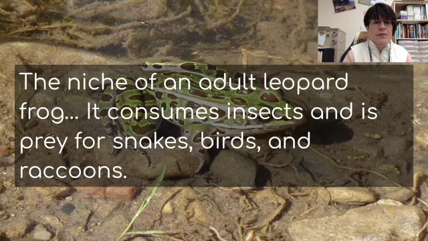And another example is the niche of an adult leopard frog is that it consumes insects and is prey for snakes, birds, and raccoons. Also, part of its niche is where it can live, the certain temperatures, the fact that it does need water. All of those things are also part of its niche. And there might be other frogs in the area, but perhaps they eat in different areas, so they have different niches.